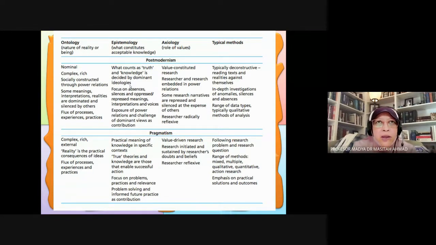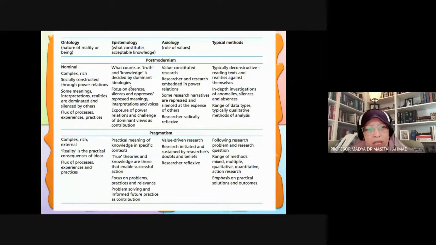They won't ask other people for advice; they would just do that. So maybe what we can say is that this is something which is a dominant ideology. Due to that, we can choose this kind of epistemology when we have this kind of ideology, and then focus on absence, whereby we have silenced, oppressed, repressed meanings, interpretation and voice.